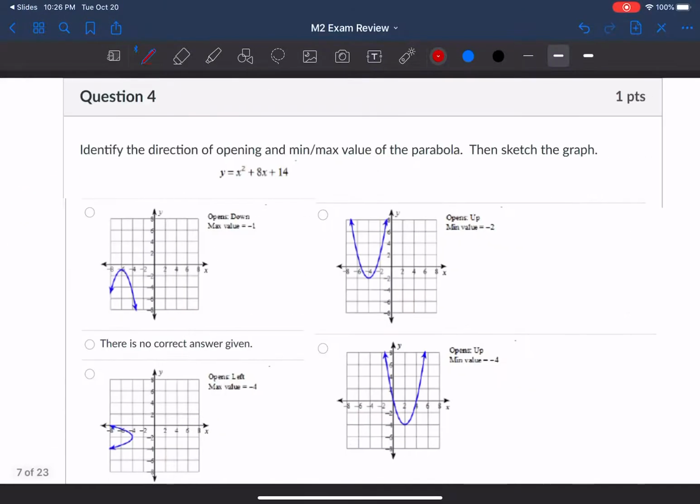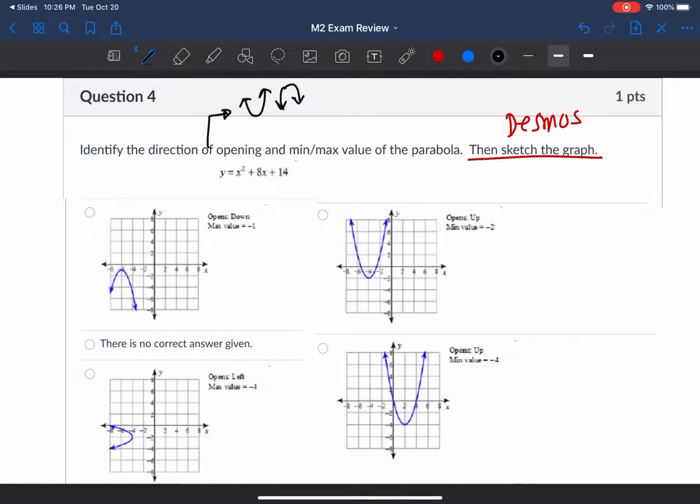Okay, let's go over question number 4. Identify the direction of opening and minimum or maximum value of the parabola, then sketch the graph. Since you have a graphing question, you can use Desmos. Or if you want to know how to find this without a calculator, let's look at it. Direction of opening is basically talking about opening up or opening down.